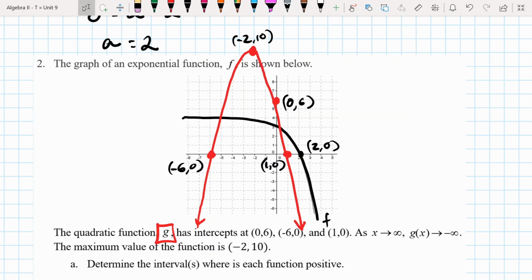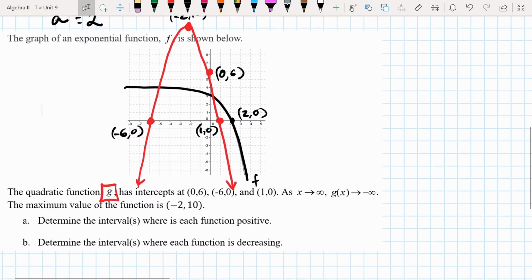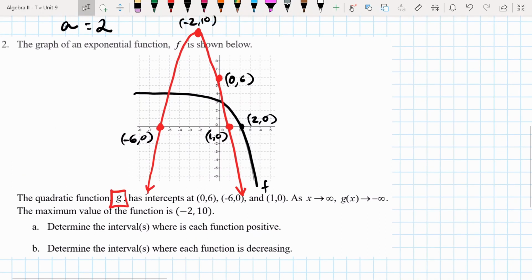Okay. So let's determine where each function is positive. Let's start here with f. Well, f of x is going to be positive on... And one important thing I want to point out is when you see this word where, that is an indication that we're going to be identifying x values. So the answer here is going to be an interval, but the interval is going to represent x values.